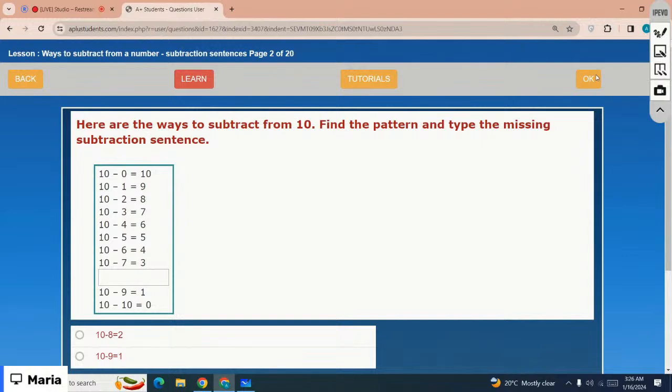The correct option is the first one, that is 10 minus 8 equals 2.